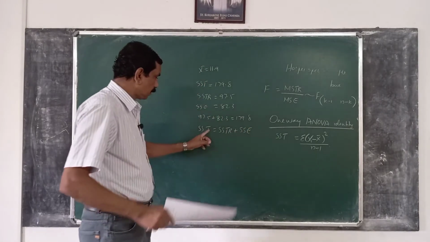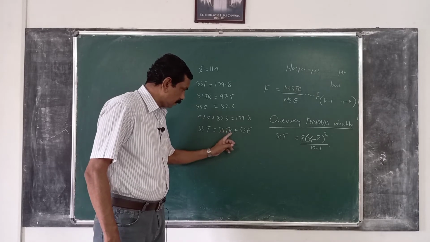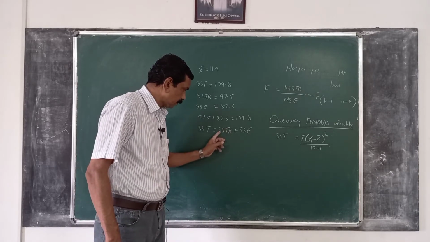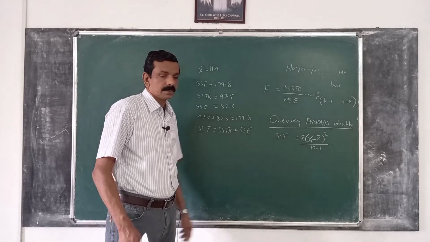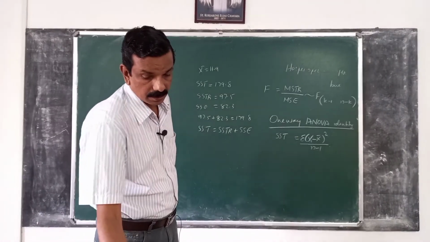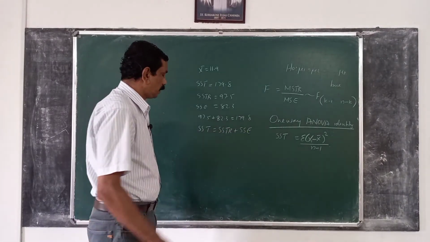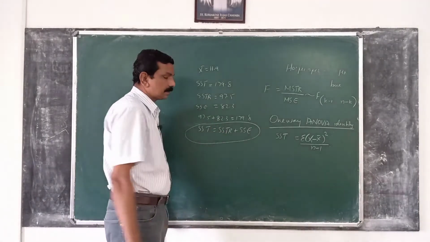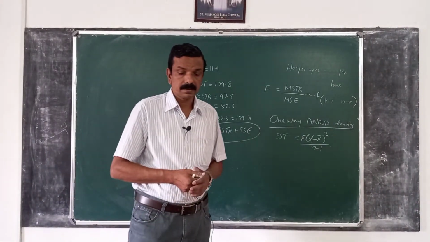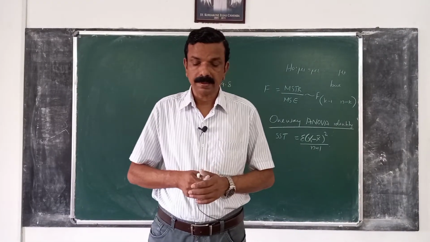That is, total sum of squares is equal to treatment sum of squares plus error sum of squares. And this equation is known as the one-way ANOVA identity. SST is equal to SSTR plus SSE is known as the one-way ANOVA identity.